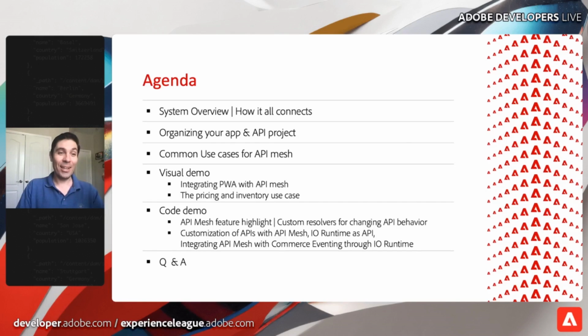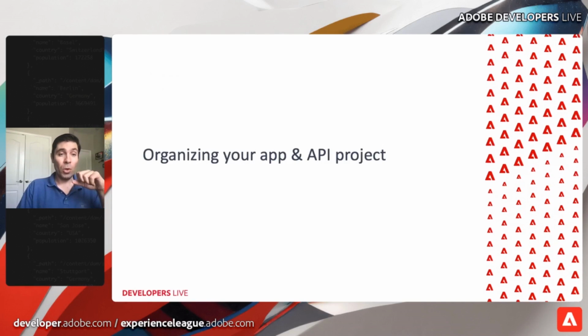Then we're going to dive into a visual demo plus a little bit of system diagram. Maybe I'll show you a little bit of code if you have the patience to stay with me until the end of this presentation. We only have about 20 minutes, and I want to respond to some questions that you might have.